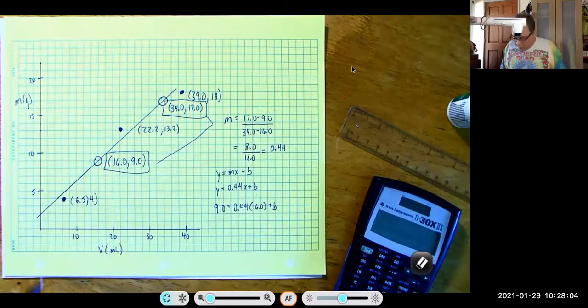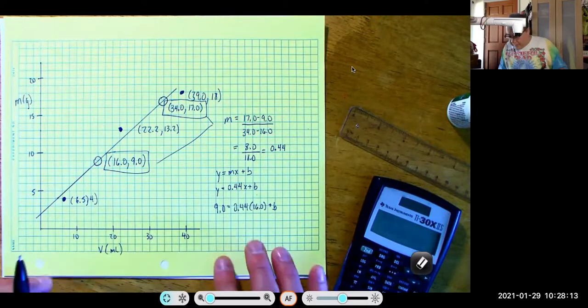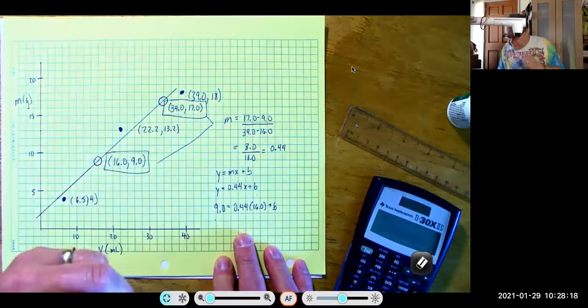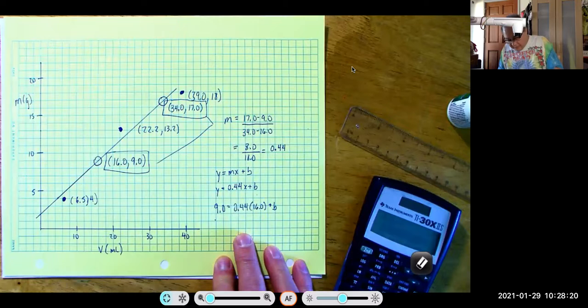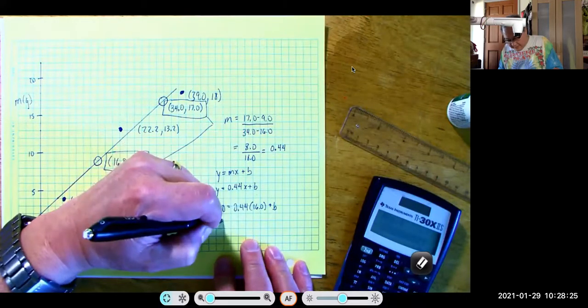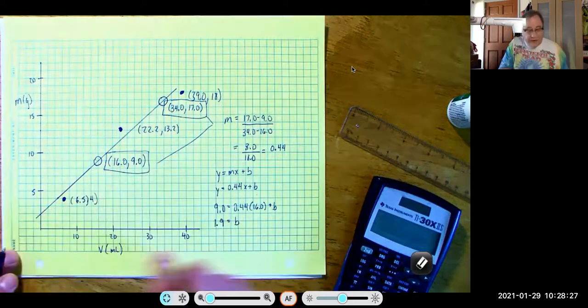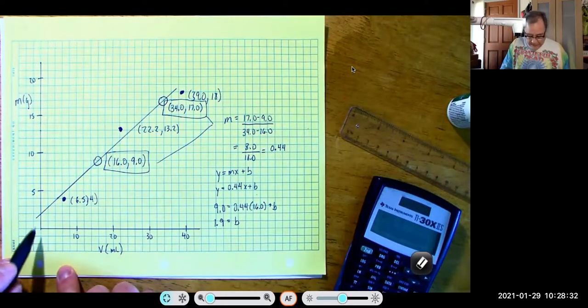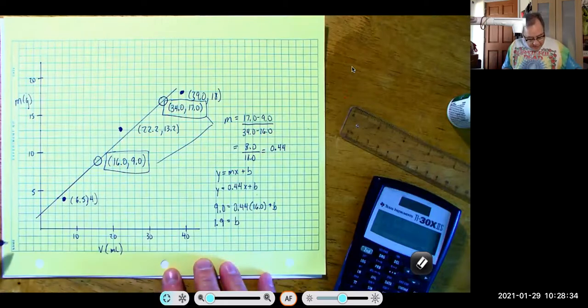So if I take my 0.44, multiply by 16, and subtract that from 9, I'm going to get that the difference is 1.9. And if we take a look over here, does it look like the line crosses around 1.9? I would argue that it's really darn close.